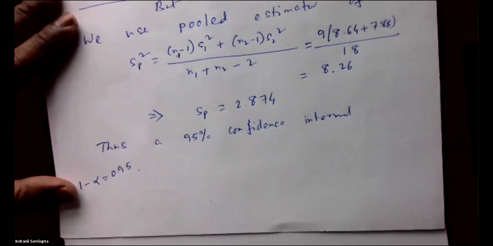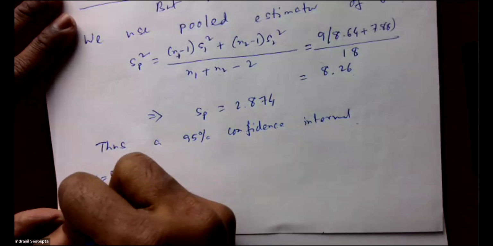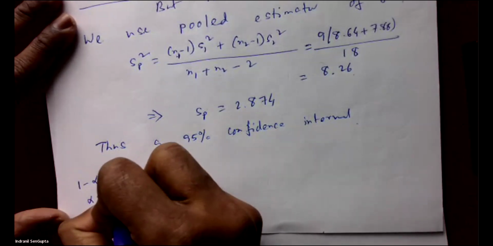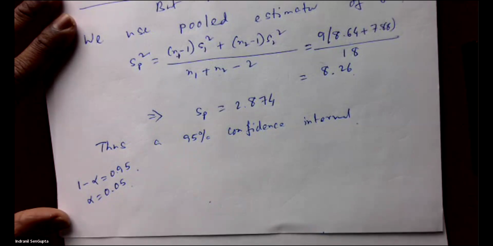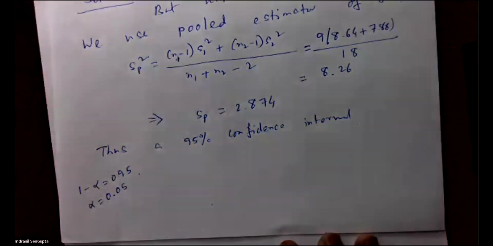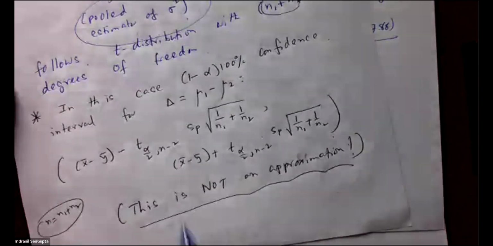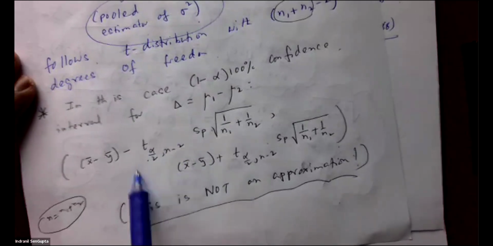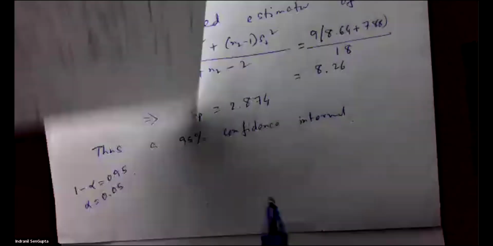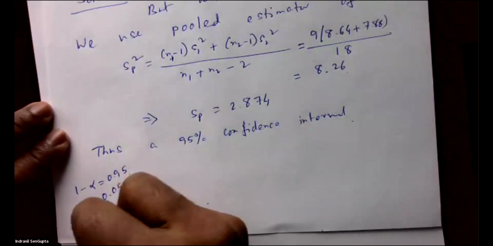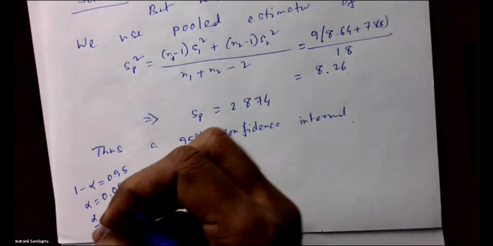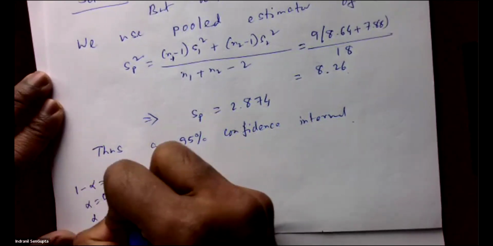That's a 95% confidence level, so alpha is 0.05. Here we need alpha over 2 for the confidence interval. So what is alpha over 2? Alpha over 2 is 0.025.